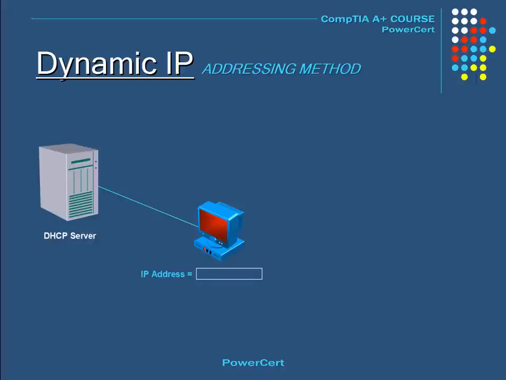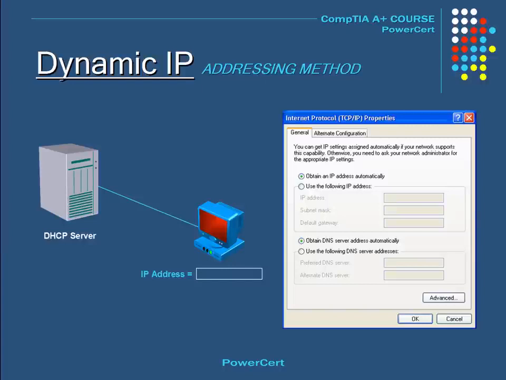A DHCP server automatically assigns a computer with an IP address. And in addition to an IP address, it can also assign a subnet mask, default gateway, and a DNS server. Here we have the TCP/IP properties window open for the network interface card on a Windows machine. And as you can see, this computer is set to obtain an IP address automatically.